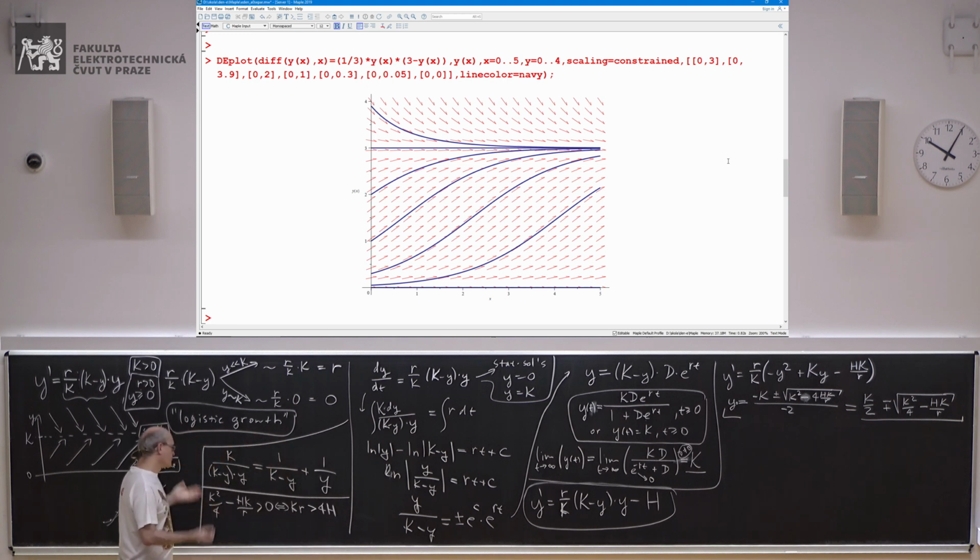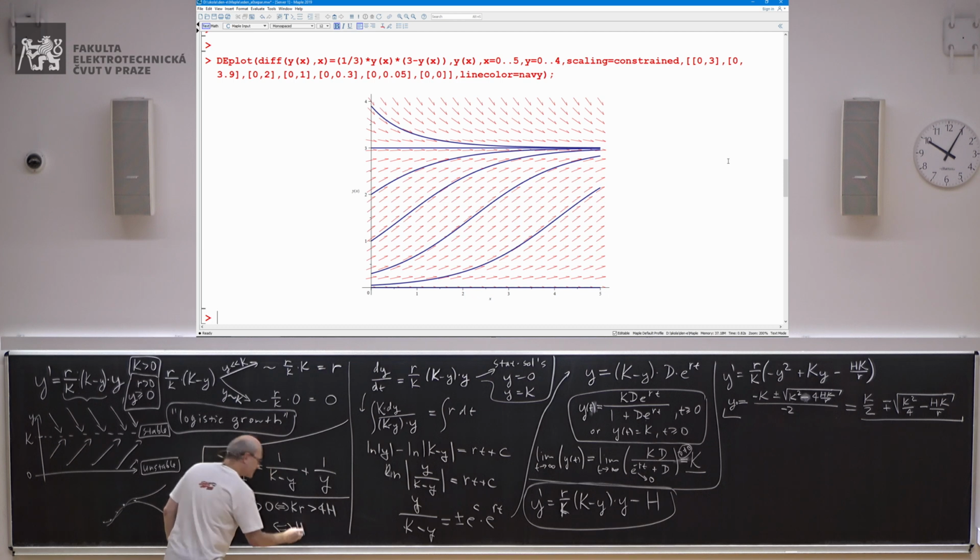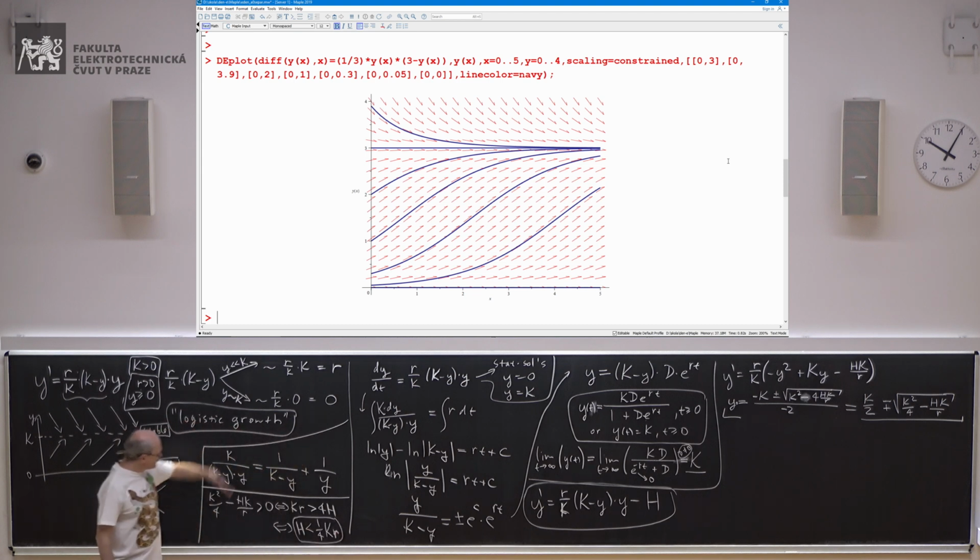That's it. So my condition is that h should be less than 1 over 4 kr. That's the condition which bounds the harvesting from the top. It says the harvesting shouldn't be too much.